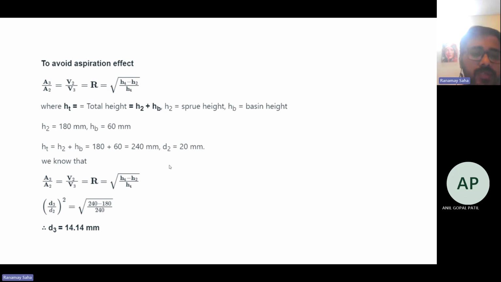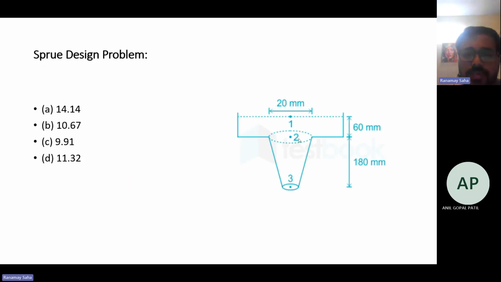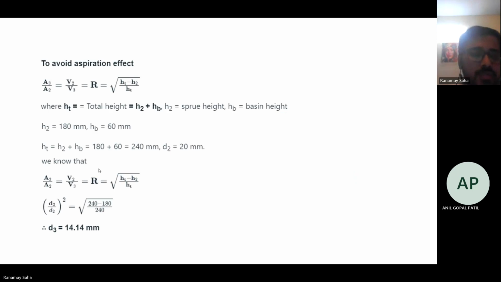And then the diameter is also given. The top is 20 mm. So we know that A3 by A2 is V2 by V3, equal to R. It is the square root of the ratio of the total height to the difference of the total height and the pouring basin height, right? For A3 by A2, you just plug in pi by 4 D squared, and the pi by 4 ratio gets cut off.